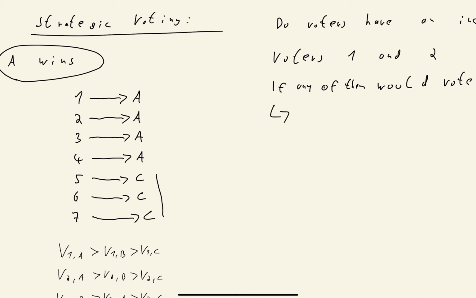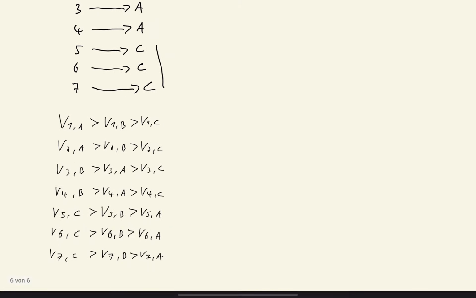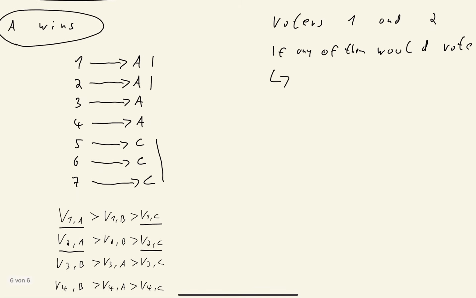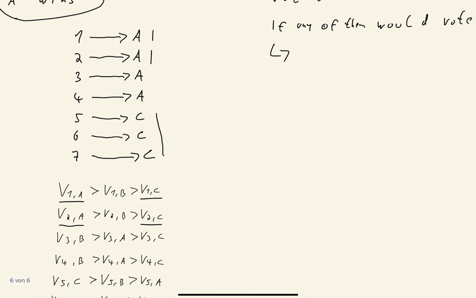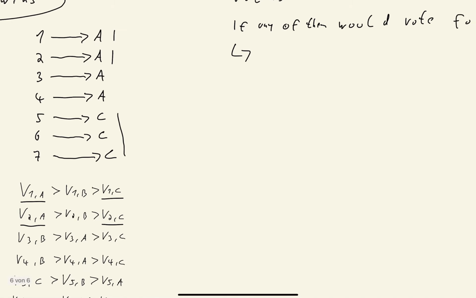If you look into the preferences, you see that candidate C is least preferred by both voter 1 and 2. And the problem is that if candidate A and C have the same amount of votes, we would switch from a situation where A would win definitely to a situation where candidate A would only win with 50% probability, and hence this is not an incentive to deviate.